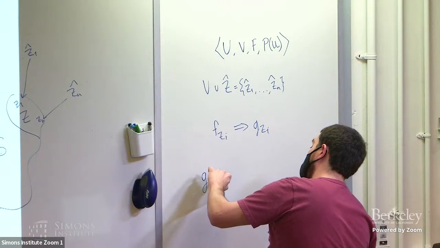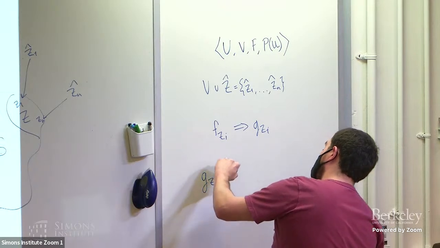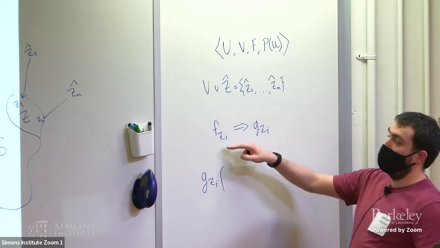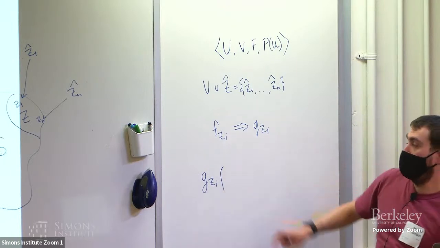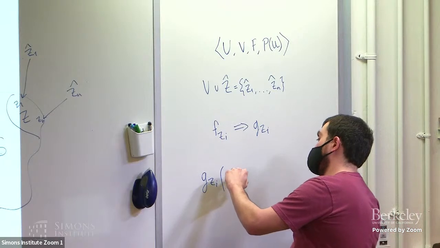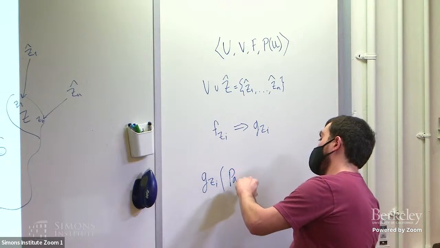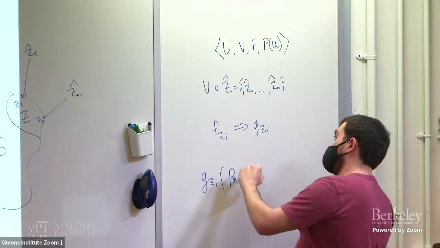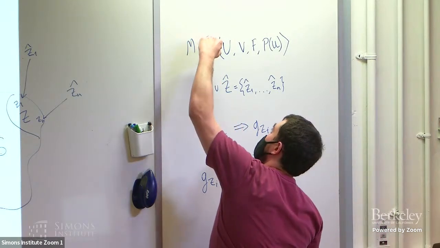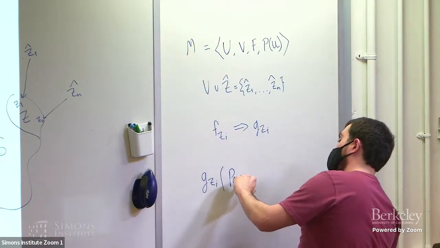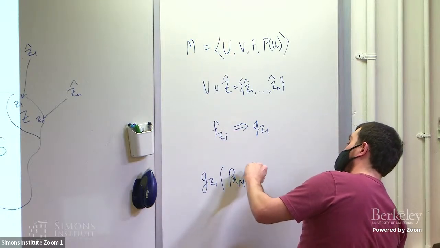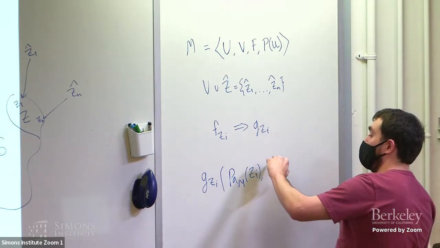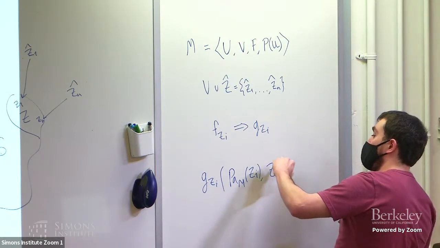So g of zi will take all the inputs that f did. So let's call this original model M. It'll be the parents in M of zi, plus one new parent, which is zi hat.